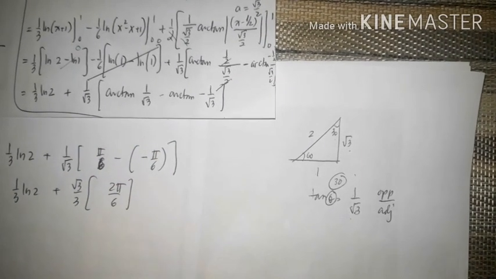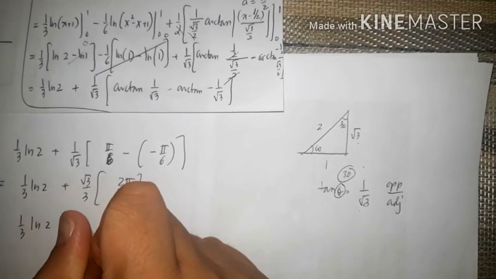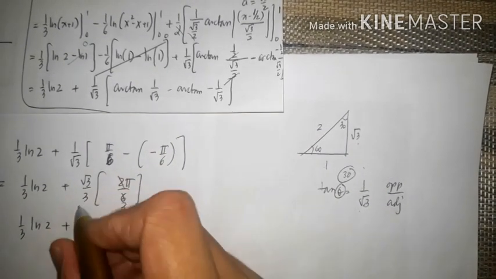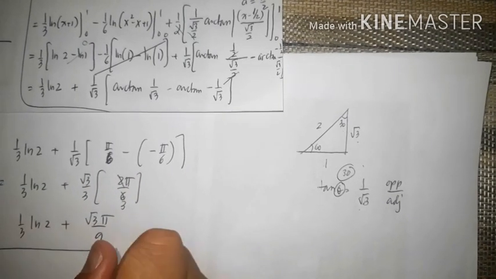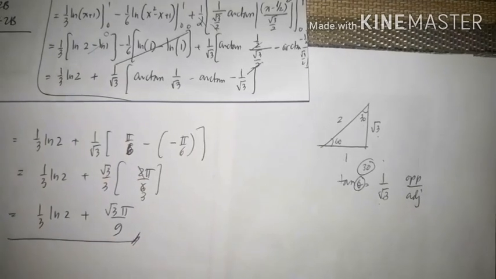Minus is plus. So that's 1/3 ln of 2 plus, this is 1/3, that's square root of 3 pi over 9. So that's our answer. Let us try to check our answer.